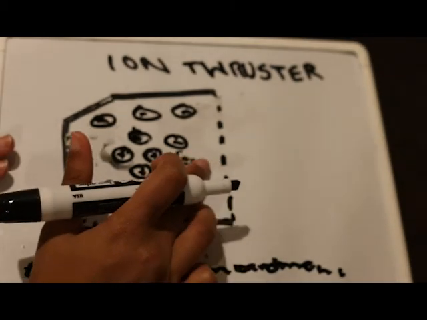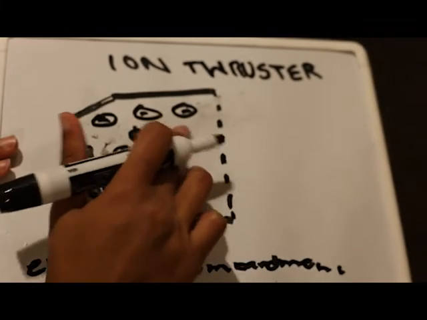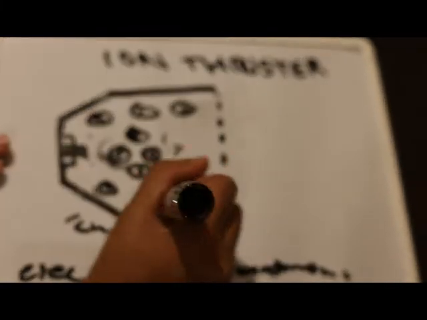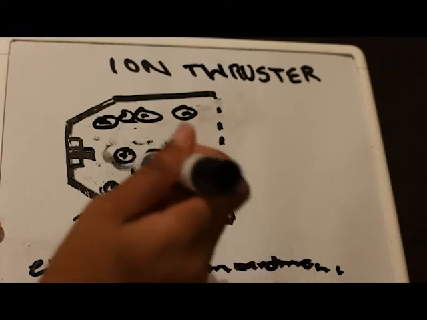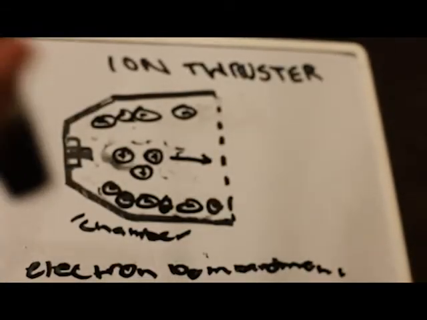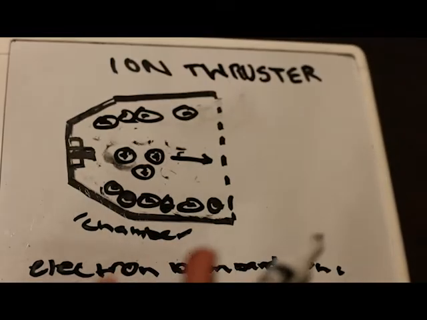So let's move them to the chamber's edge. Okay. So these positive ions are going to move towards our electric grid, and that's where we're going to create our ion beam / plasma, which is basically going to generate thrust.